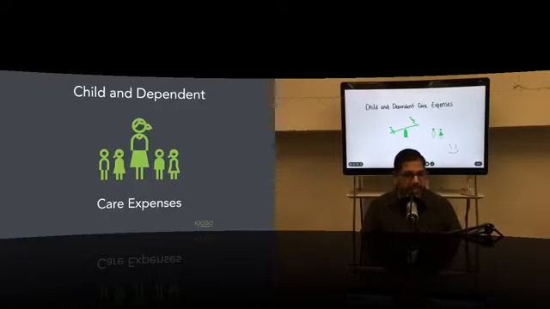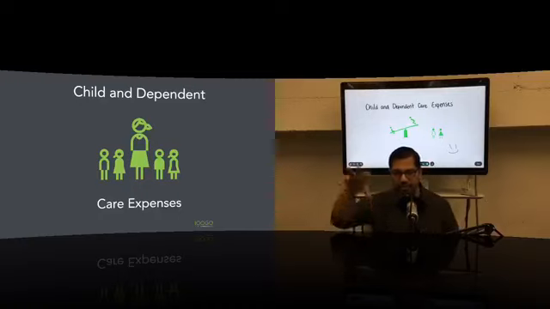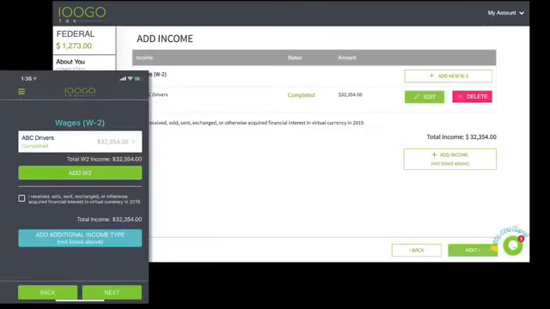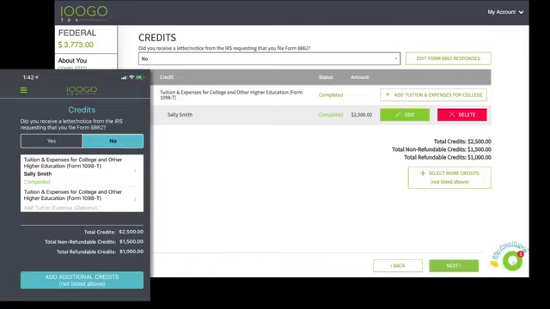Some of us use systems that go directly into the form because it's a lot easier for us as professionals. You are using a system like IOOGO Tax that takes you through a step-by-step process, and you don't have to go directly to the form. This is where you don't have to be a professional to file your taxes.